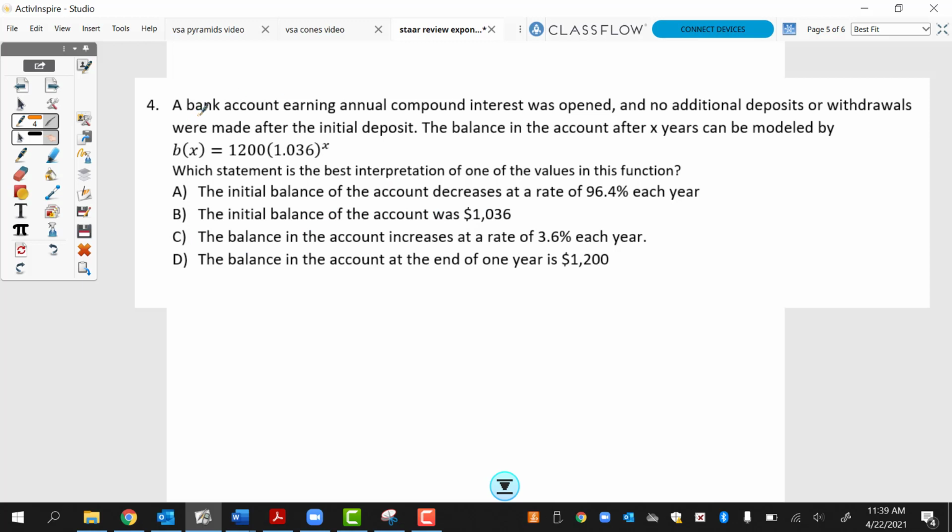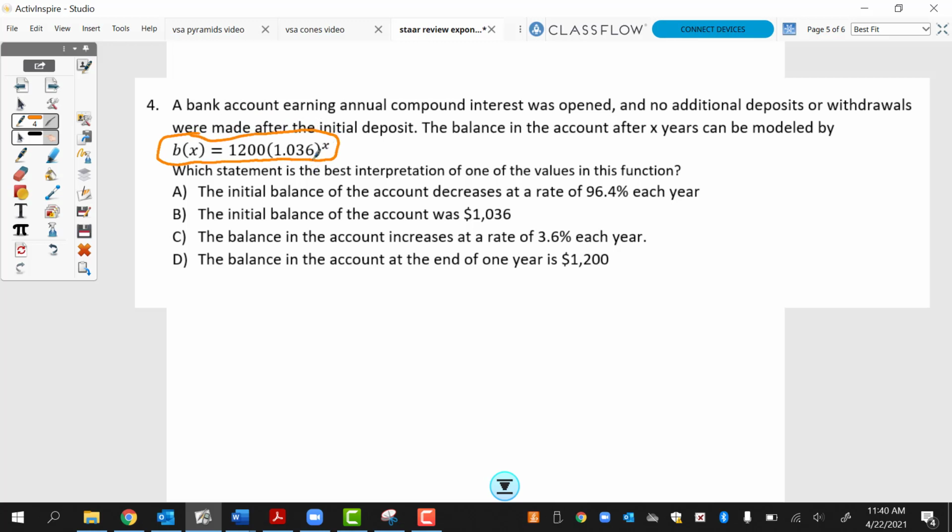It says a bank account earning annual compound interest was opened and no additional deposits or withdrawals were made after the initial deposit. Do I really care about that? No. Okay. The balance in the account after x years can be modeled by, and they give us an equation. Equations are important. I'm going to circle the equation. That's important. So we're going to have to do something with that.